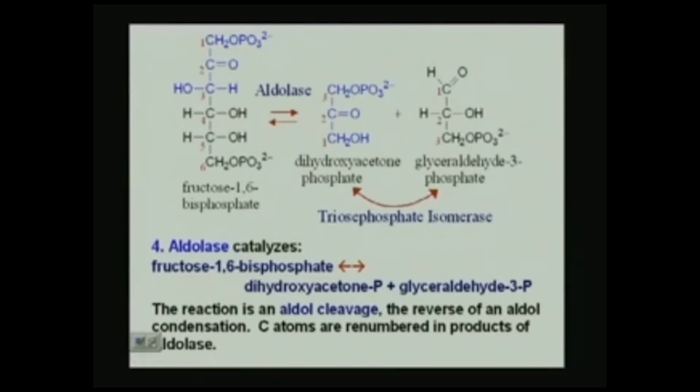All you have to know is what the substrates are and what the products are. In this case, we have an aldolase with the reaction being an aldol cleavage. We have the formation of dihydroxyacetone phosphate and glyceraldehyde 3-phosphate. So this step is where you have the breakdown of the 6 carbon unit.